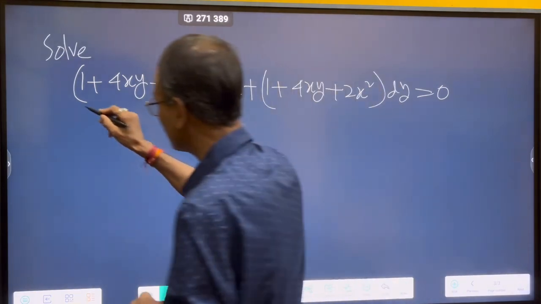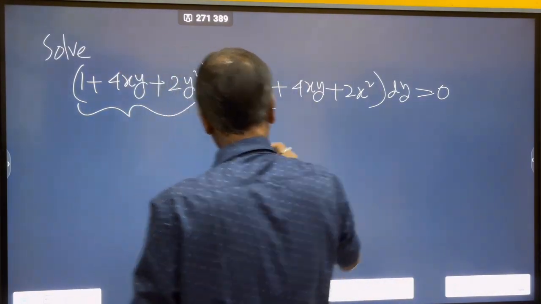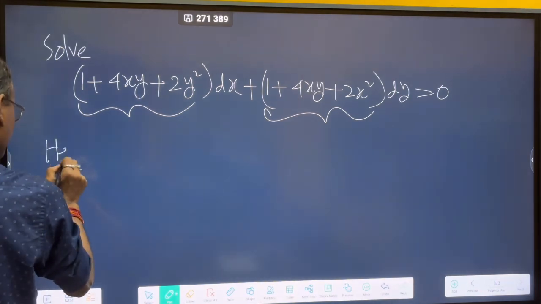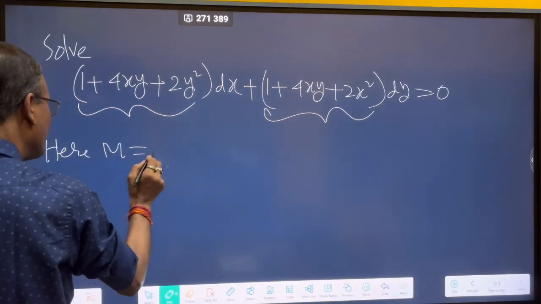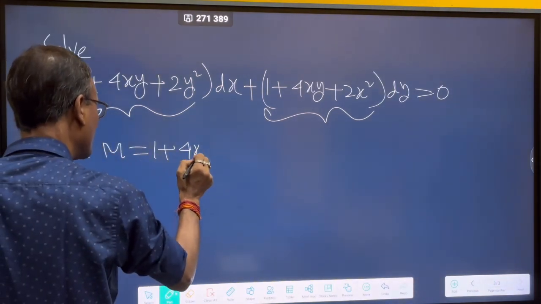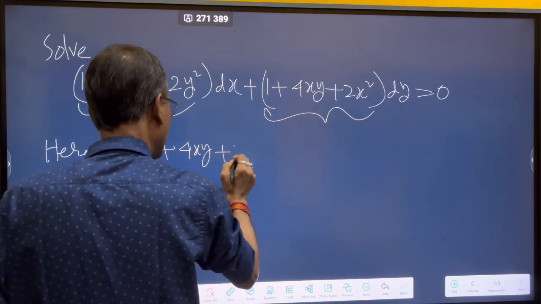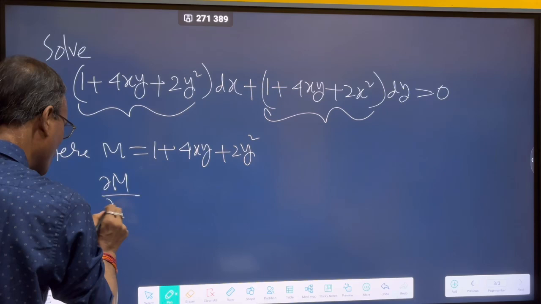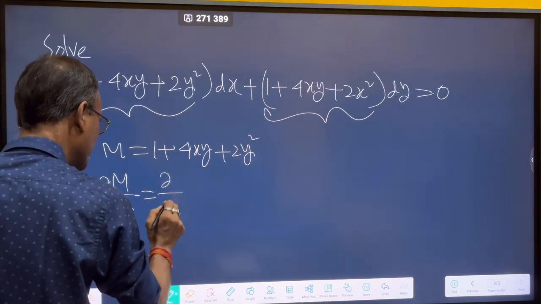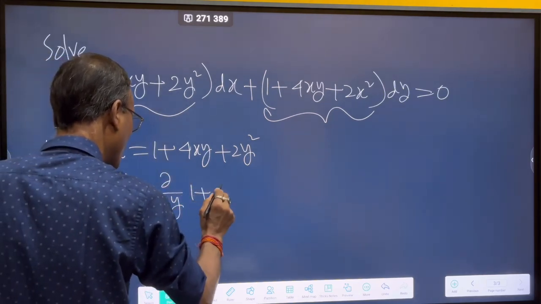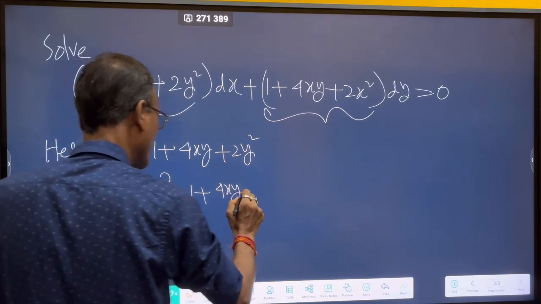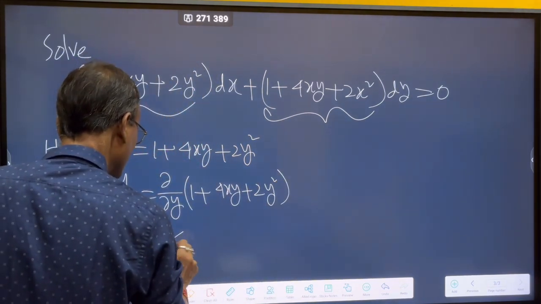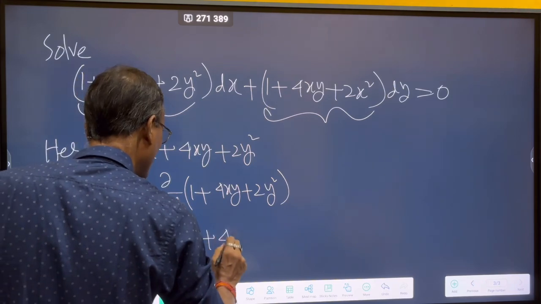Here M is equal to 1 plus 4xy plus 2y square. Del M by del y is equal to del y of (1 plus 4xy plus 2y square), which is equal to 4x plus 4y.